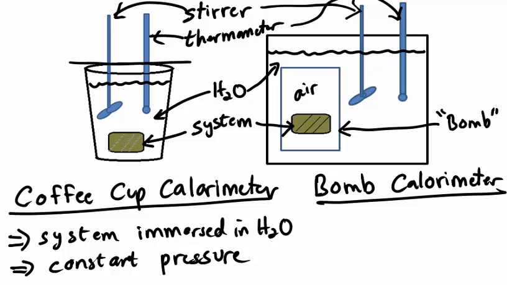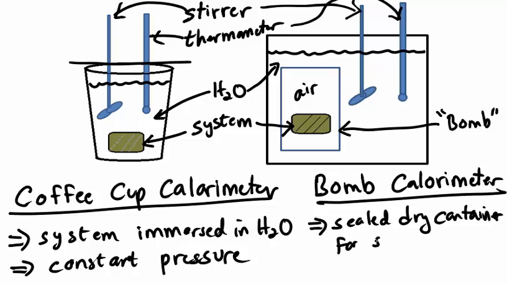And it's sealed. That is a sealed container to keep the water from getting into it. Okay, so it's a sealed, dry container for the system, even though that system is inside some water.